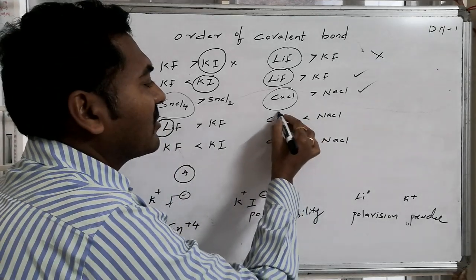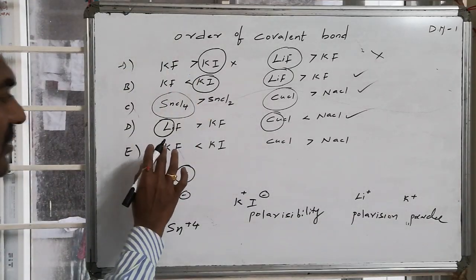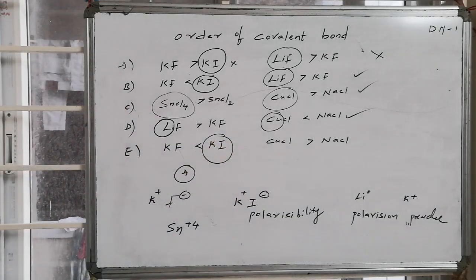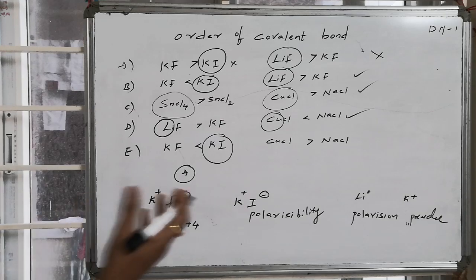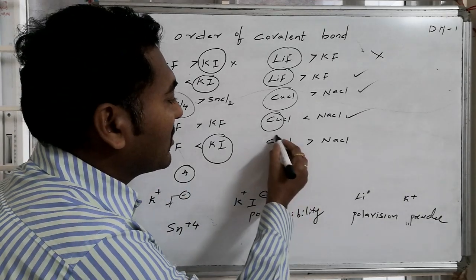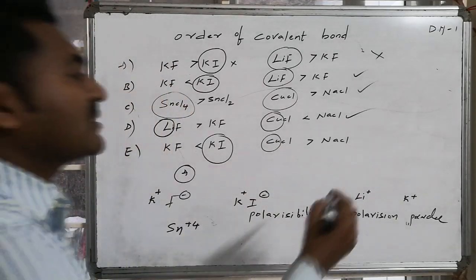Copper chloride, sodium chloride, as we discussed, it also appears to be correct. And if I go for potassium fluoride and the potassium iodide, it is having higher covalent character because anion undergoes most polarization, that is polarizability, whereas here copper chloride, sodium chloride, this copper is having higher pseudo inert gas configuration, hence it is correct.